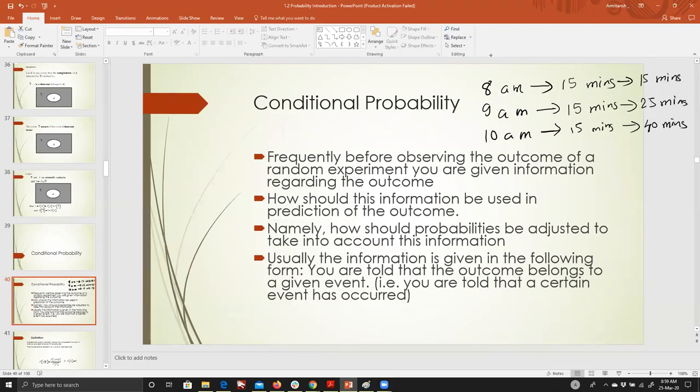It is not always 1 by 2, and this is what I was trying to explain yesterday. Everyone thinks it is 1 by 2, but it is not actually. It depends on what has already happened. So these scenarios are called conditional probability.